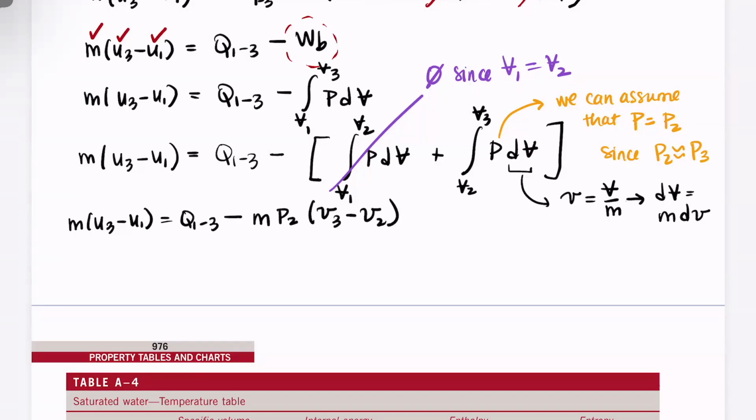All right, and now we have all of the things that we need. So we have mass, U1, U3, mass, P2, V3, V2. We have everything, okay?